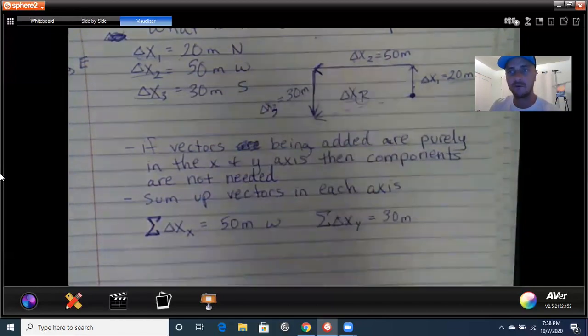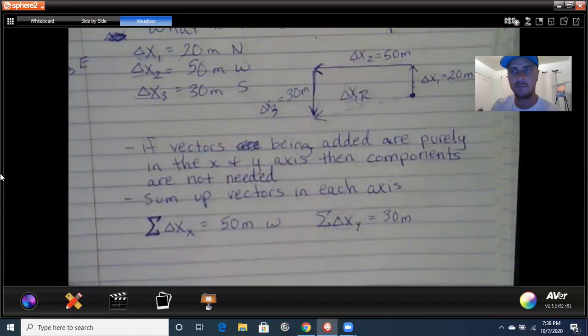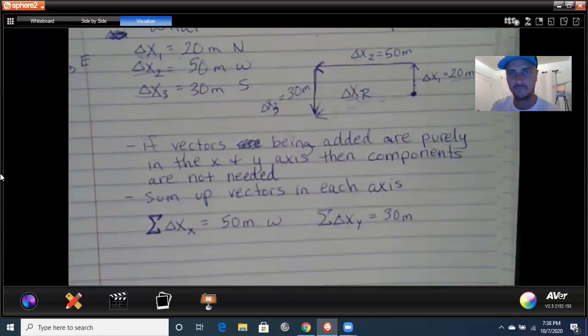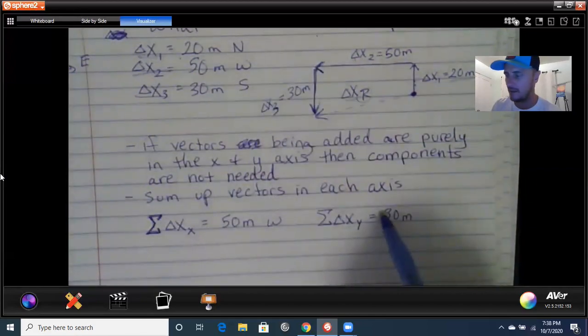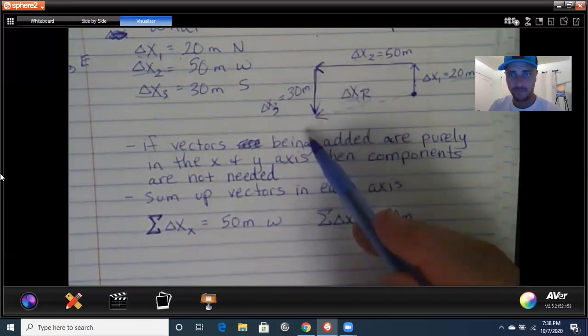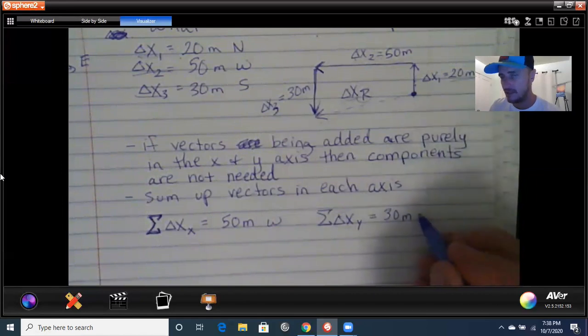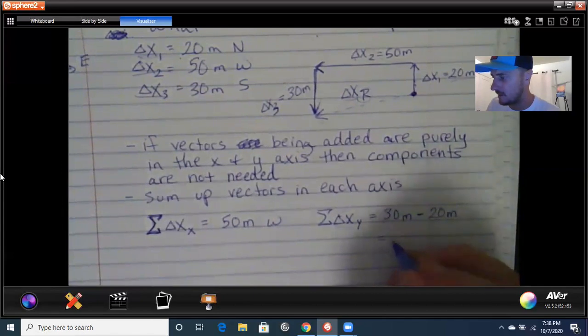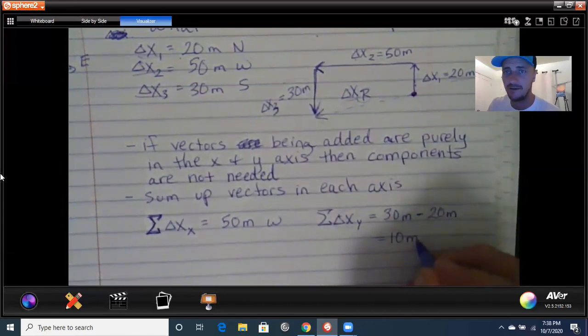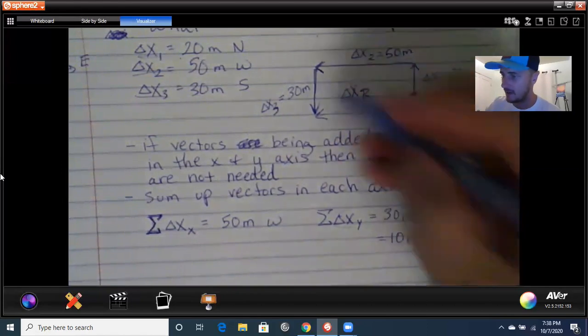We're going to put that first because we don't want to end up with a negative answer. Always start with your dominant direction, and by starting with it, you're saying that's the positive direction. Okay, so 30 meters minus, because 20 is acting the opposite direction, and you get 10 meters which way? 10 meters south.